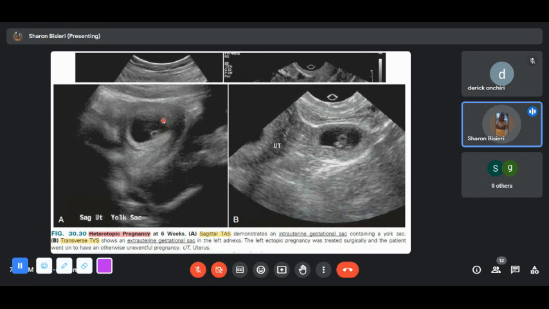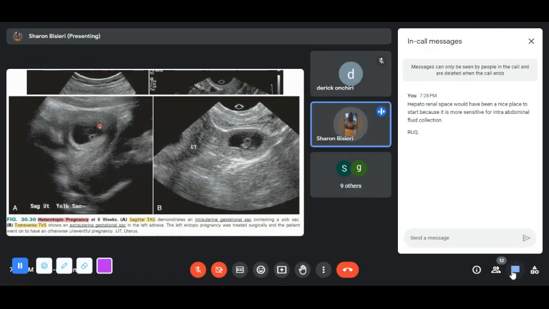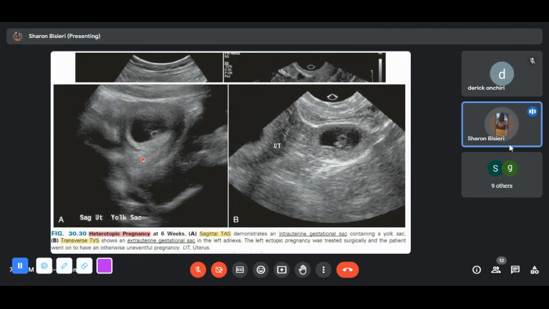So this next set of images show a patient who had heterotopic pregnancy. By heterotopic pregnancy we mean a normal intrauterine pregnancy coexisting with an ectopic pregnancy. In image A, this is an intrauterine gestational sac.